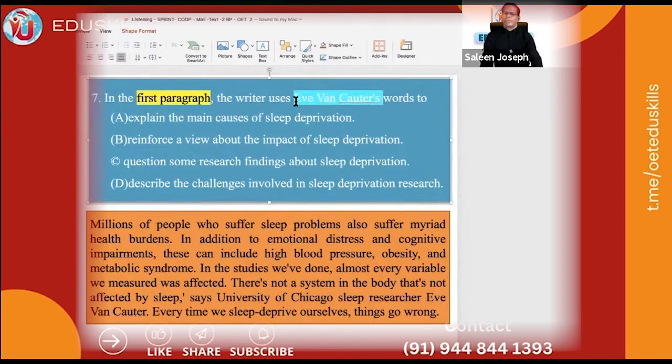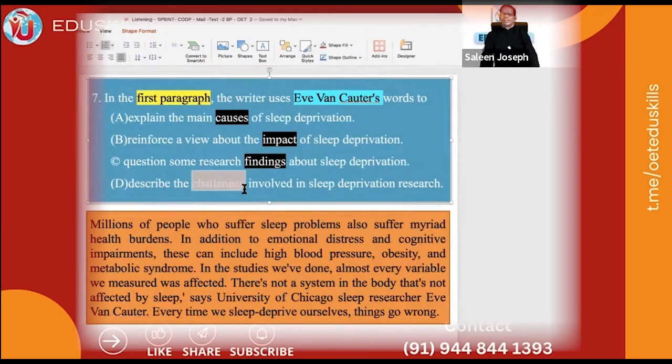Coming to the answer options A, B, C, what is important? Causes, main causes. Impact. See the beauty: if you have seen cause and effect language, you can see it here. Research findings.